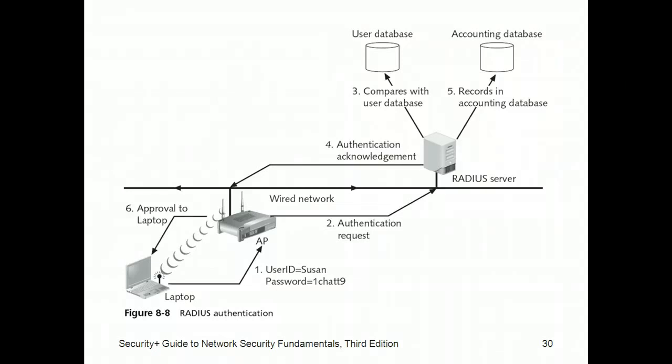And all you need to note on this one is once they log in with Susan and that password, it goes to the RADIUS server, compares it to the database, records it in the accounting database that Susan logged in at 5:25 on Tuesday, and now she's accessing with this IP address, and this is the access point she used, and she went to these websites, and these programs are running on her machine, and oh, and by the way, her antivirus is out of date. All these things can be found out by using a RADIUS server.